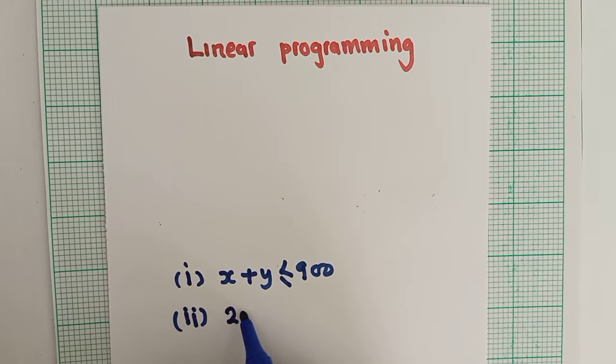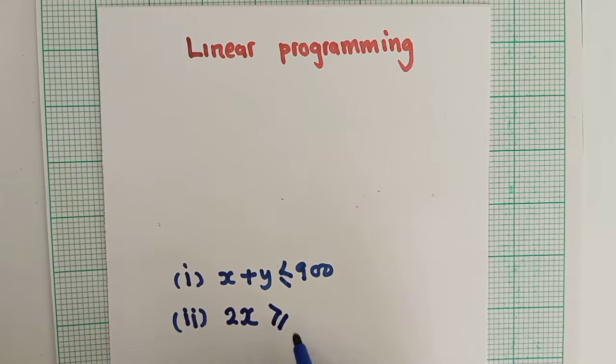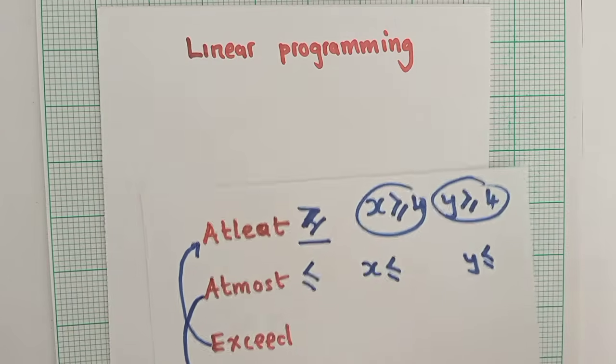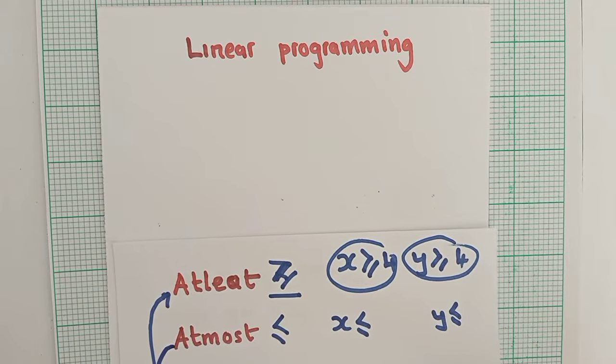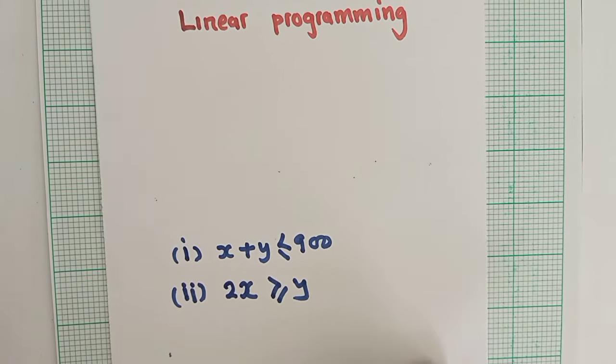They have said twice of brand A, and at least we know it's greater. Then the statement continues with brand B, so you put your Y right here. We know what at least means. It means greater or equal to. So this is the sign I've used right here.